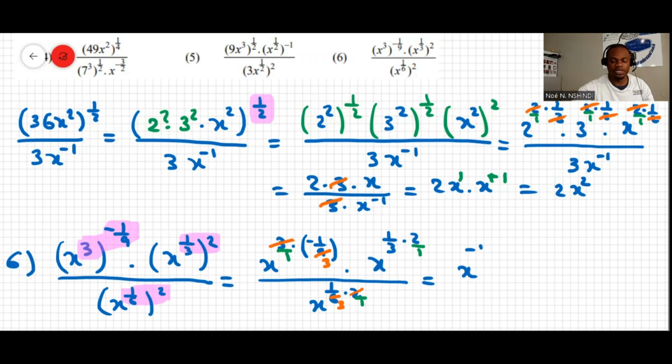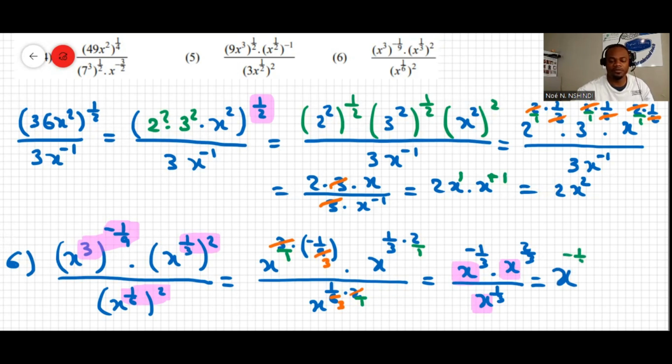x to the negative third multiplied by x to the 2 over 3, over x to the power of 1 over 3. Now we only have the common variable there. I can just write 1x and then use the exponent.